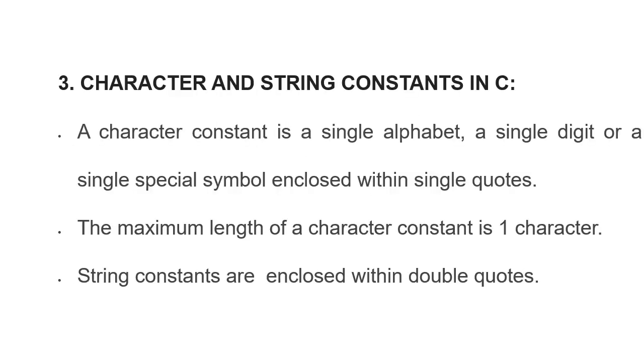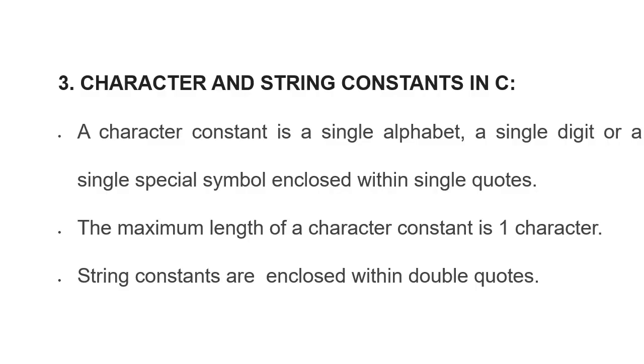Then character and string constants. Rules for constructing character or string constants. A character constant is a single alphabet, a single digit, or a single special symbol enclosed within single quotes.